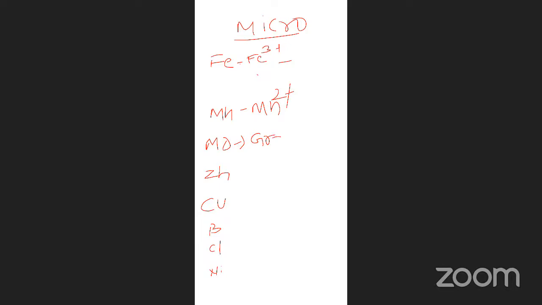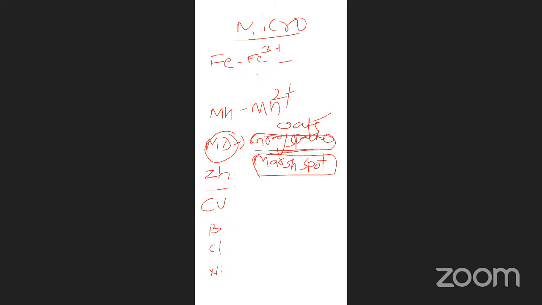Gray speck disease in oats, and in Botany, Marsh spot disease. Remember, gray speck in oats, Marsh spot in legumes. Deficiency of manganese. Remember, right?